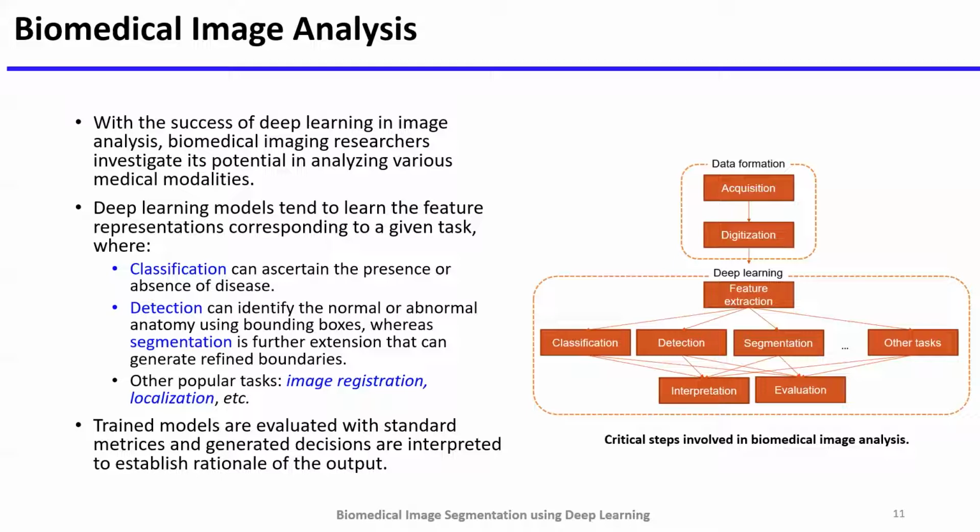With the help of all these steps, we are going to train the models, and these trained models can be evaluated with the help of certain standard metrics, and it will generate some results or conclusions that can be interpreted to establish the roadmap for further treatment.